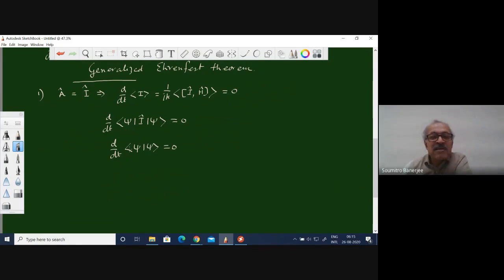This is nothing but mod psi square. And this statement says that mod psi square does not change. Its implication is that if psi is normalized once, it stays normalized throughout its evolution following the Schrodinger equation. So if psi is normalized, it stays normalized.